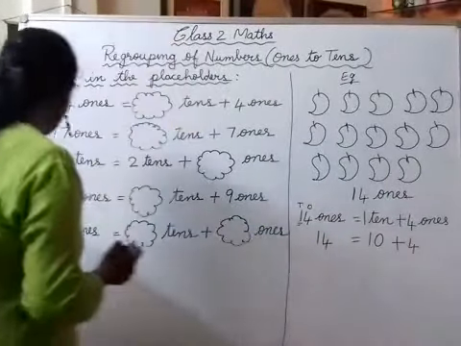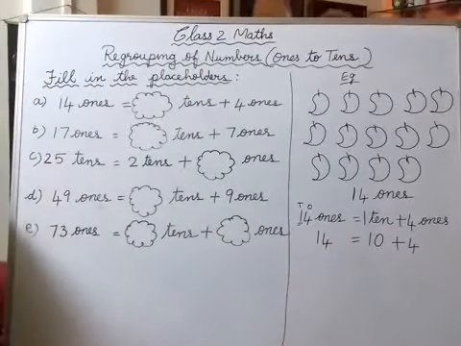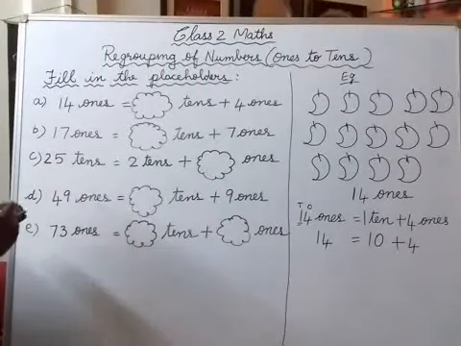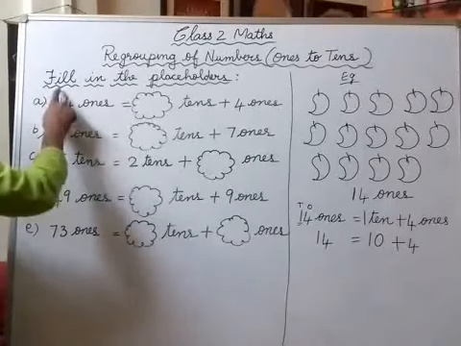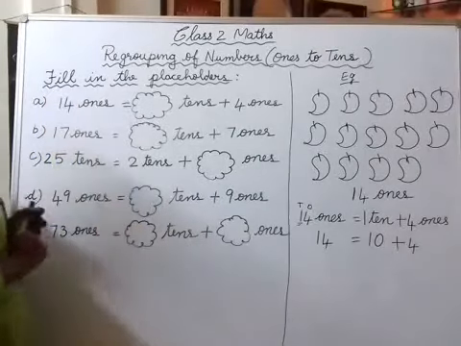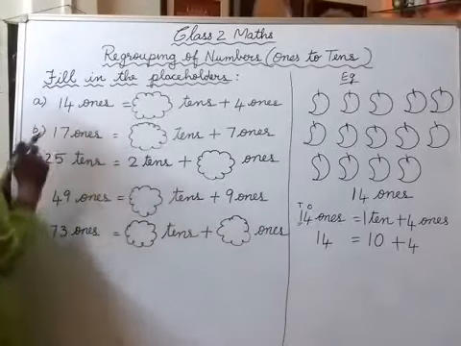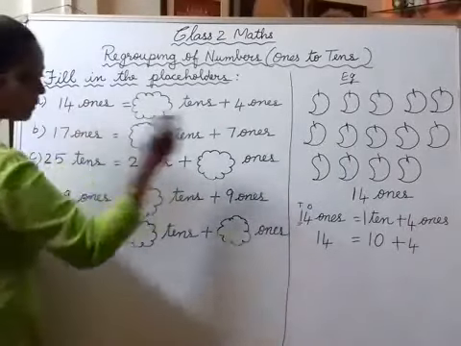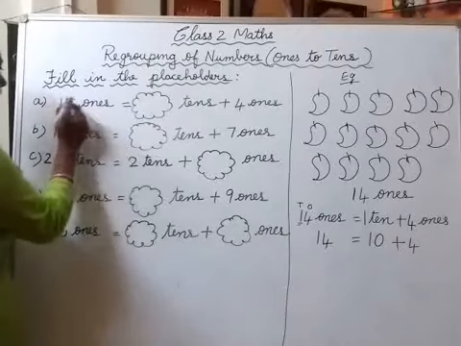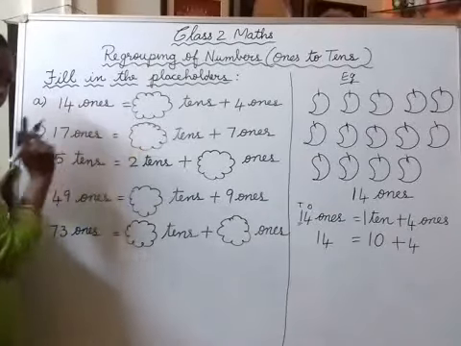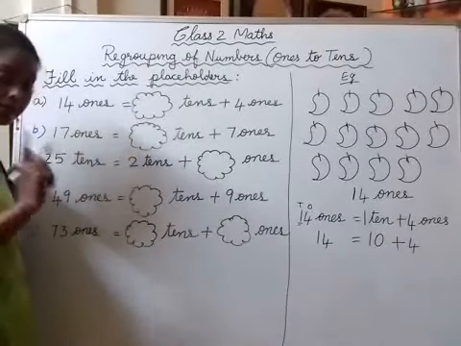Okay, so now we will start writing this. Here we have to fill in the placeholders. So first one, 14 ones. They have given 14 ones. Same example I have given there. First you have to write this is 14 ones. 14 ones means ones place में 14 ones है.